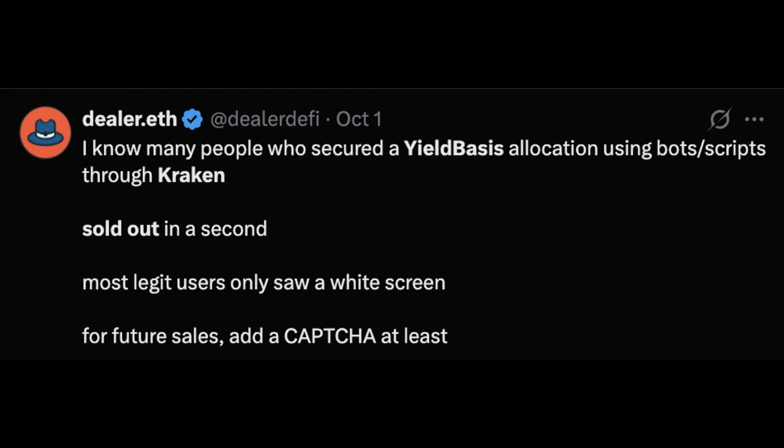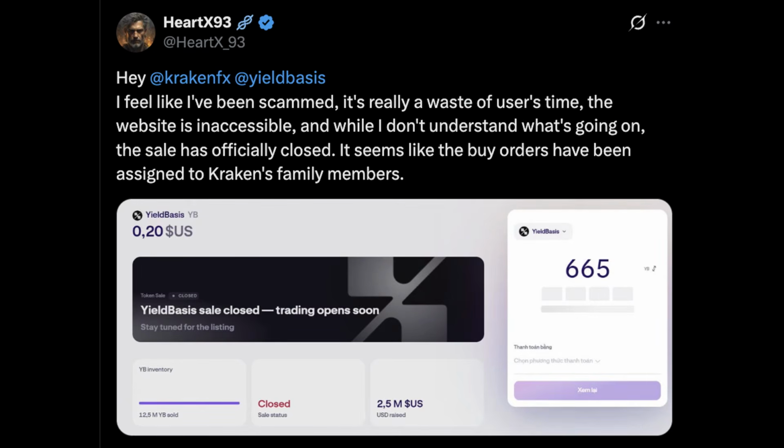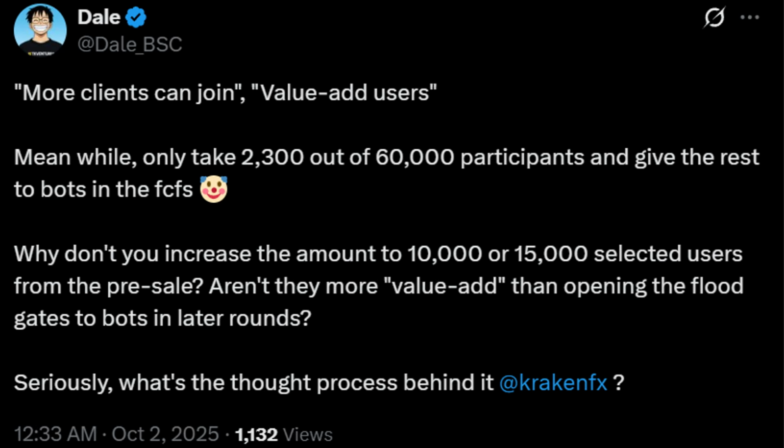Most community members couldn't join due to being eliminated in phase 1 and couldn't compete with bots in phase 2. Personally, I think Legion and Kraken have majorly messed up this launch. For phase 1, they only accepted around 3.5% of participants, which is low compared to other launchpads.